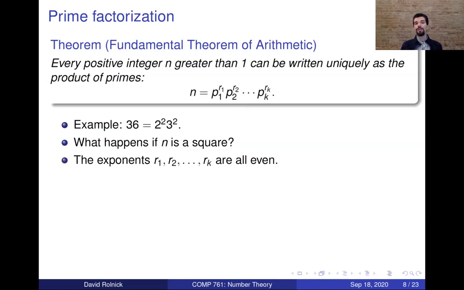And in order to work out what the square root of n is, you just divide all of the exponents by 2. So in this particular case, the square root of 36, you divide each of the exponents by 2, and you get 2 times 3, which is 6. Likewise, if n is a cube, then all of the exponents are going to be divisible by 3. And you can just divide them by 3 to get the cube root.